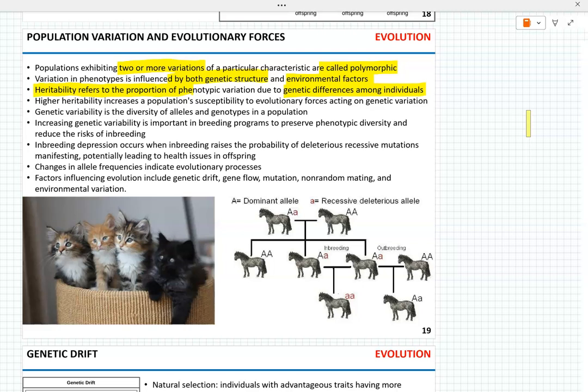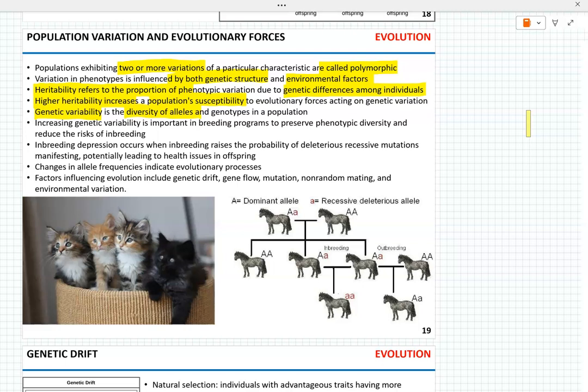Now, the greater heritability of a particular trait increases the susceptibility of that population to evolutionary forces that act on that specific genetic variation. Now, the variability refers to how diverse the alleles are and how diverse the genotypes are in a particular population.